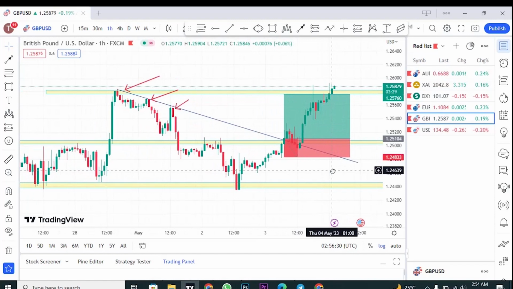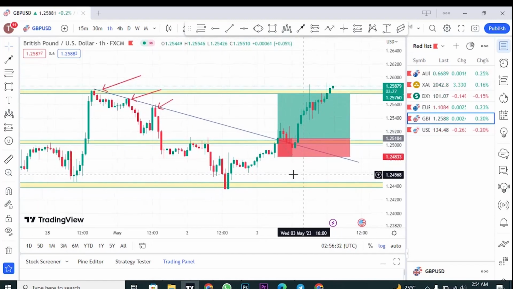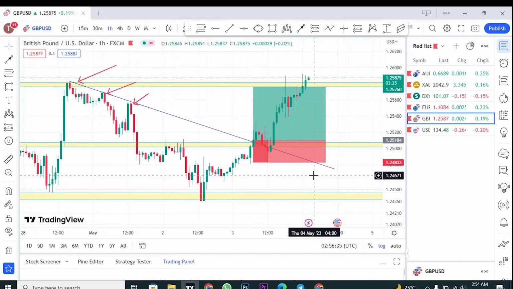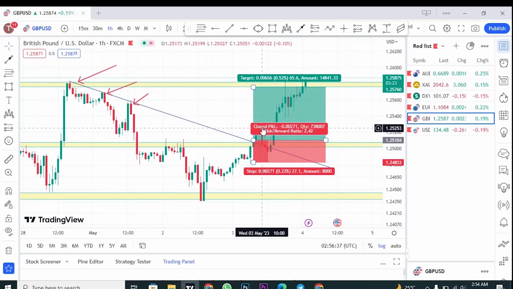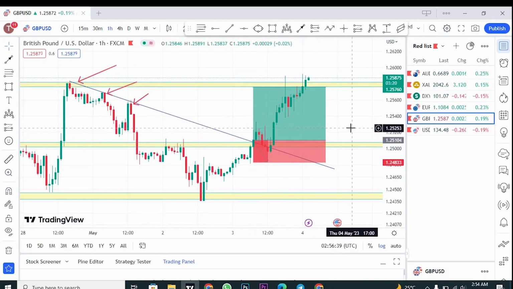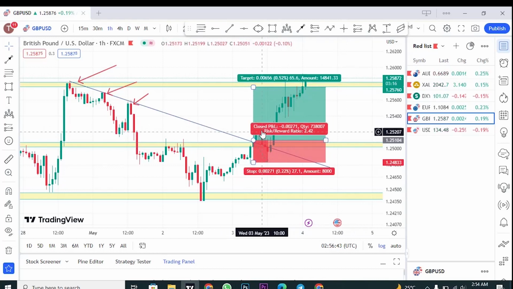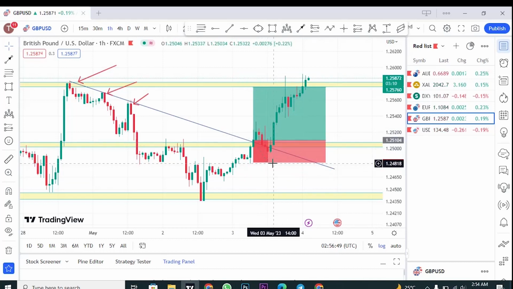And now look at what the market did. The market eventually ended up putting me in some small profit right here. After putting me in some small profit, price ended up rallying to the downside all the way to my stop loss, and that's crazy.